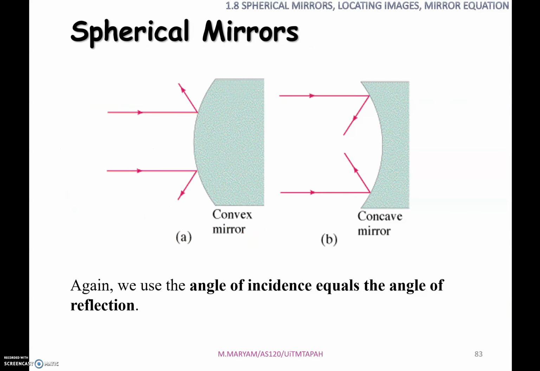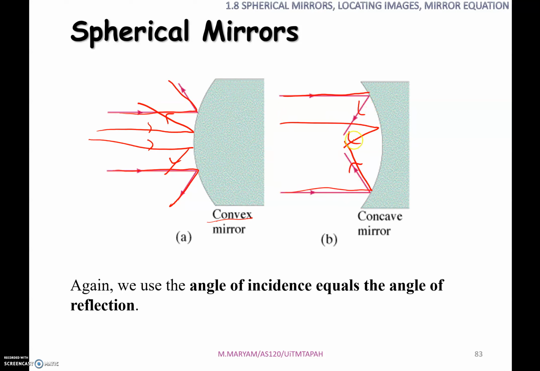Now, what do I mean by opposite? For a convex mirror, instead of converging the light, it reflects back the light. Whenever the light hits, it will be reflected back. Whereas for a concave mirror, it is reflected as well, but towards the inner side, so at one point the light will be converged here.